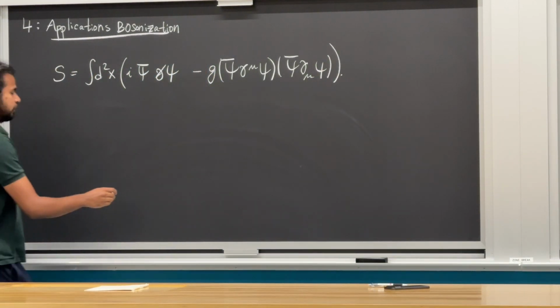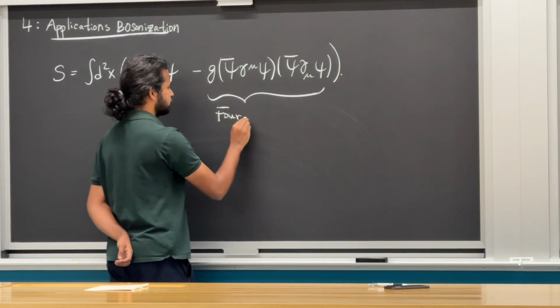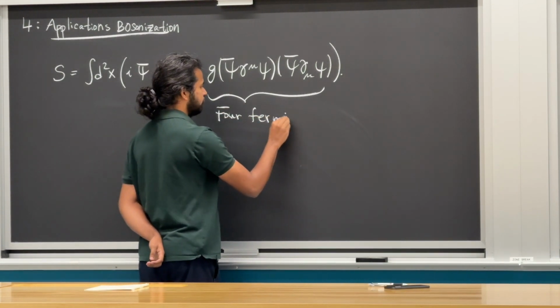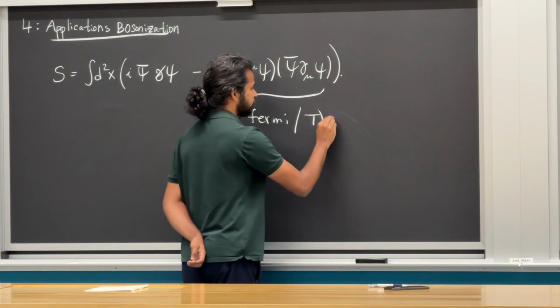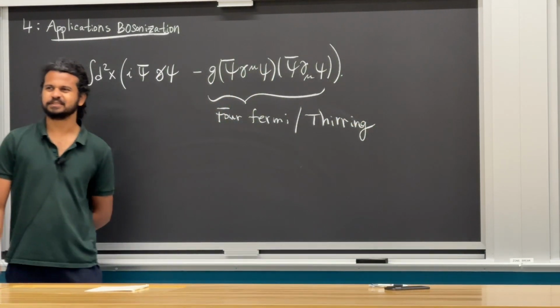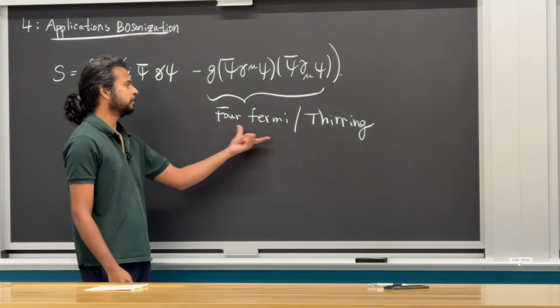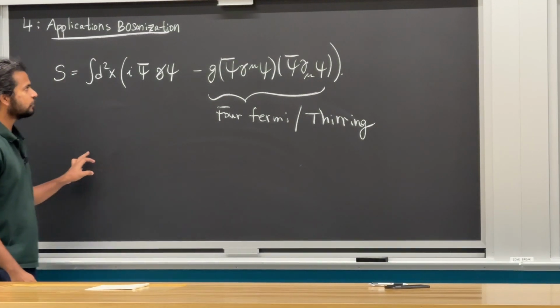So this is called the 4 Fermi or the Thirring interaction. I think Thirring is a person and he studied this 4 Fermi interaction.